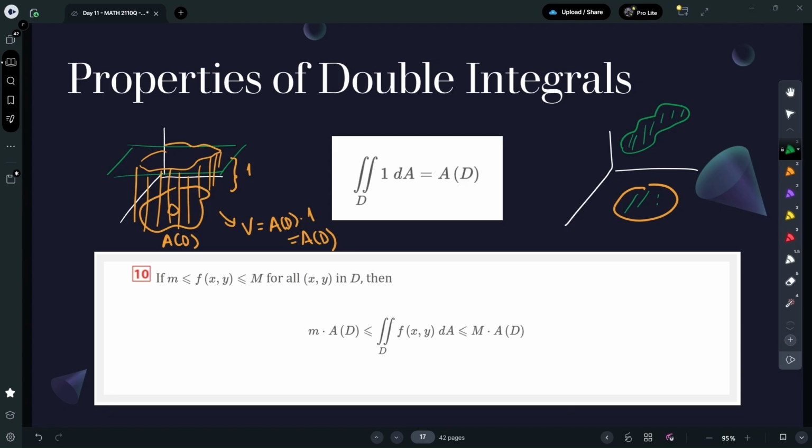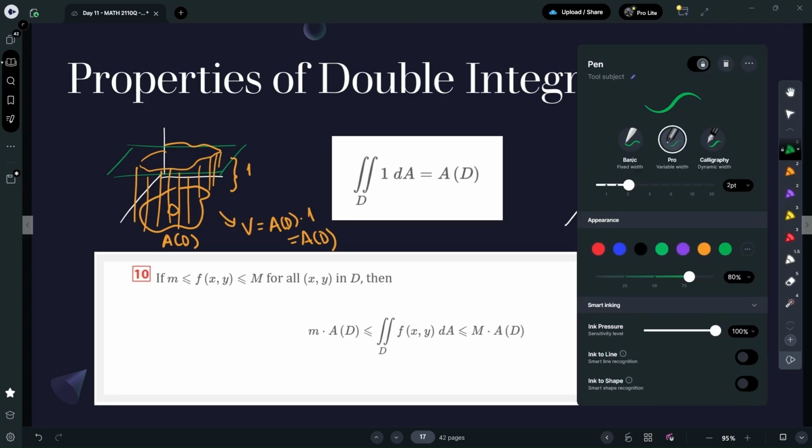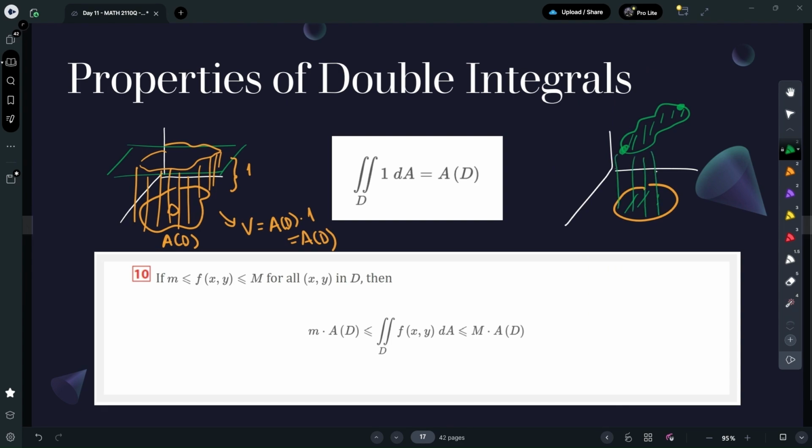And then there will be some maximum value, say the maximum is here, some minimum is here, and I want to estimate the volume of the object above my circle and below the graph. What I can do is simply capture two cylinders. I can put a cylinder at the minimum level like this, and I can put another cylinder that is at the maximum level.